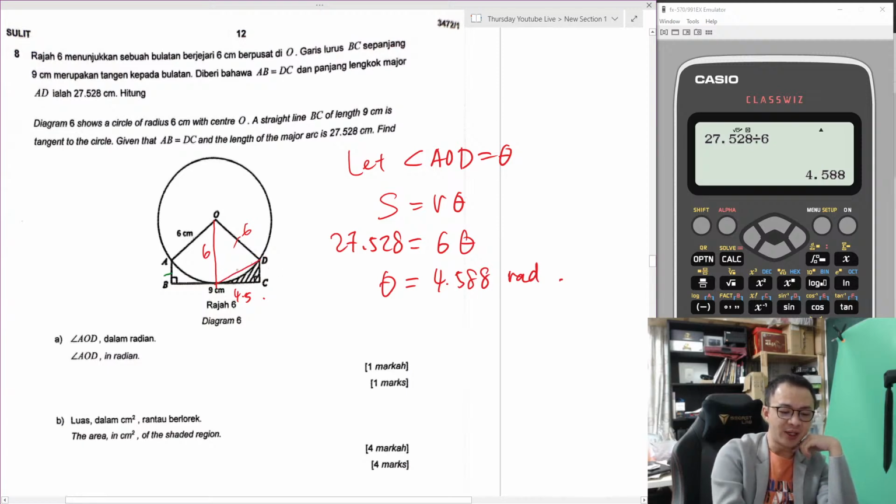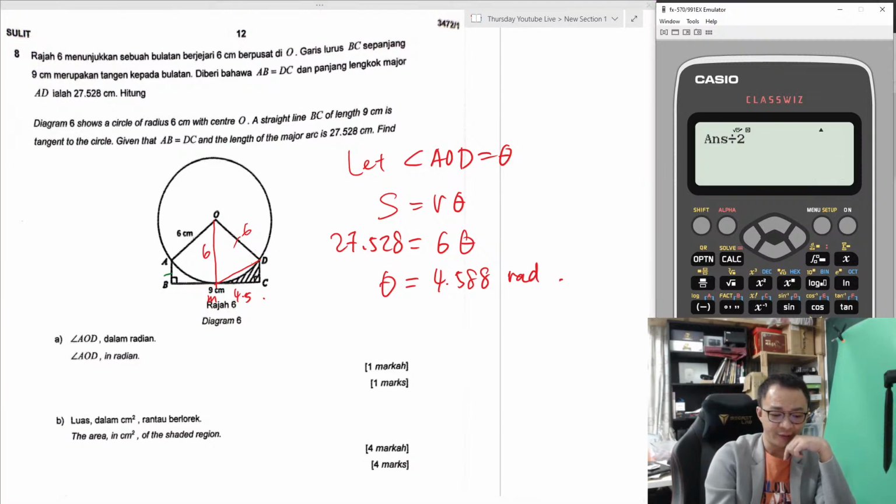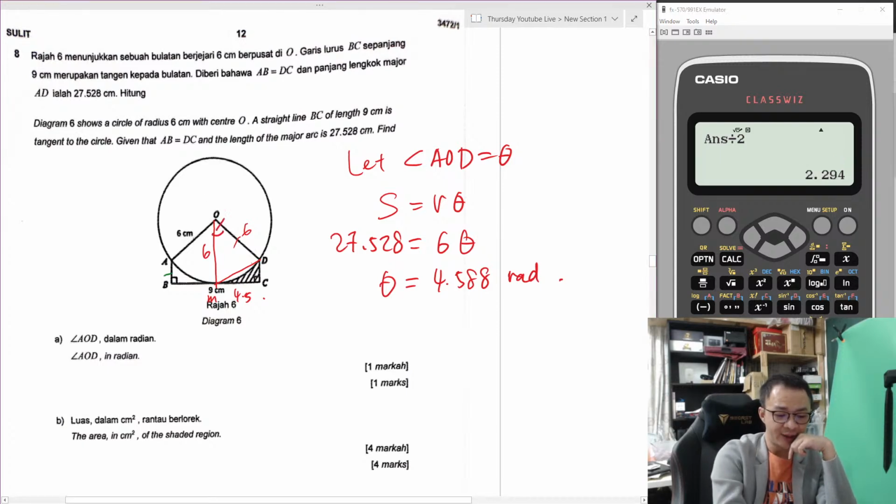Because these two must be the same angle, let's call this point M. I want to find the length from M to D, so I will divide this angle into half, which is the angle 2.294.